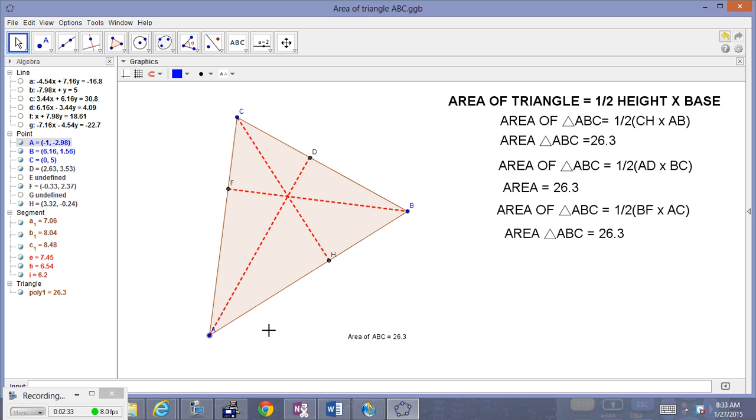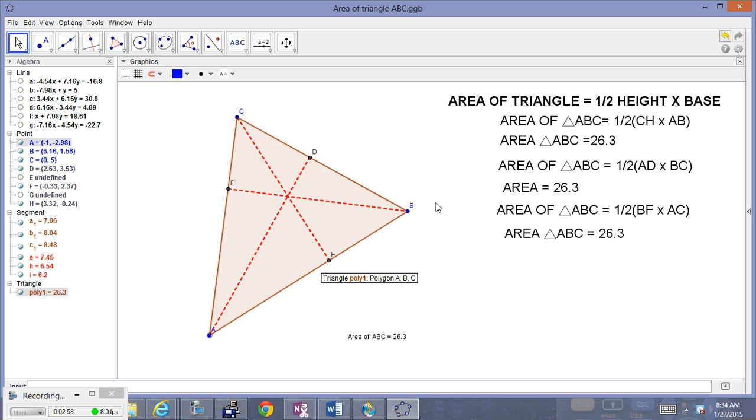So basically, since we have three heights, we have three possible formulas, okay, as listed over here. So it's half the height times the base. Well, half of the triangle ABC, the area is equal to half of, if I'm using the base AB, then I'm using the height CH.